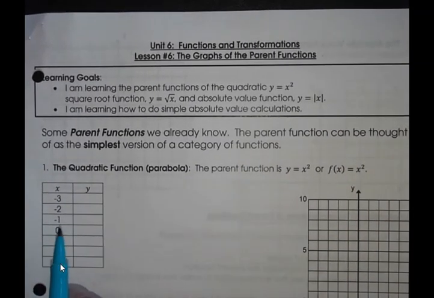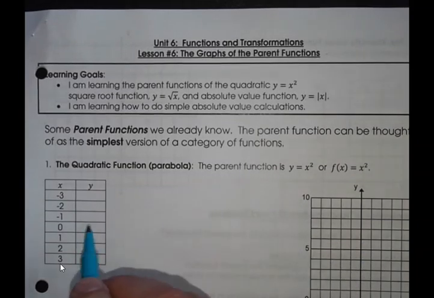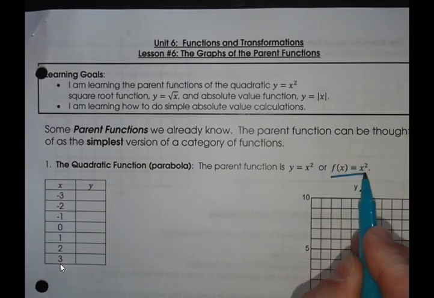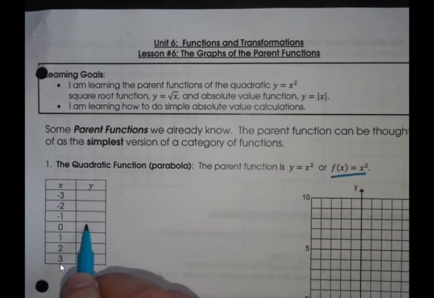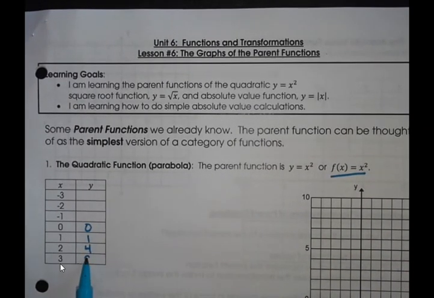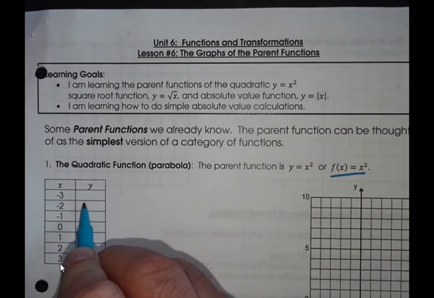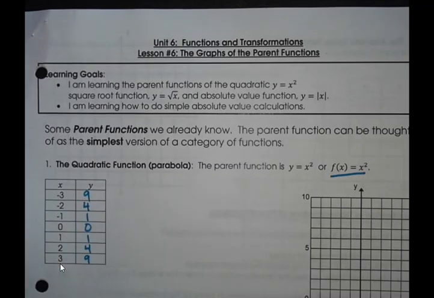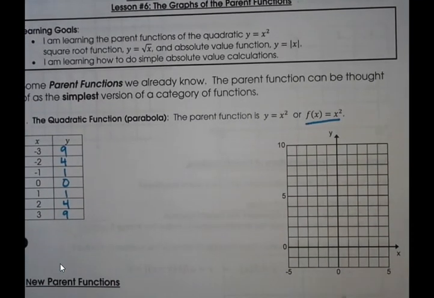And one of the things that we know about a quadratic relation, all right, I can sketch this as putting a 0, 0, 1, 1, 2, 4, 3, 9, and we know that goes like that. All right, so we can plot this.